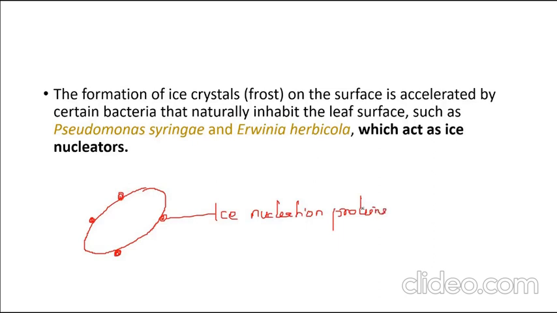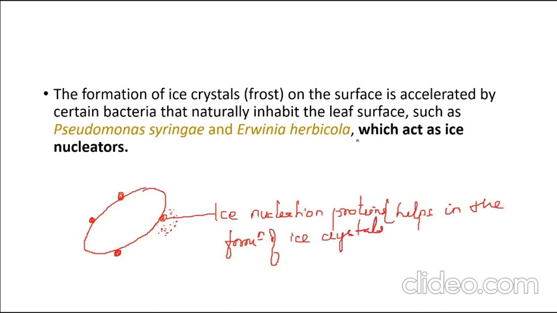So these proteins aggregate the water molecules and help in the formation of ice crystals. And these bacteria are found mainly when the leaves are cooled to a temperature of -3 to -5 degrees centigrade.